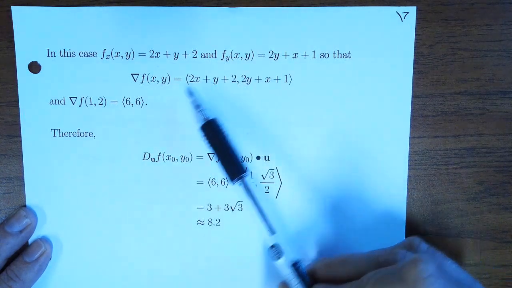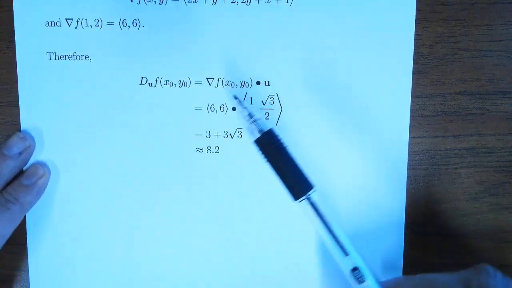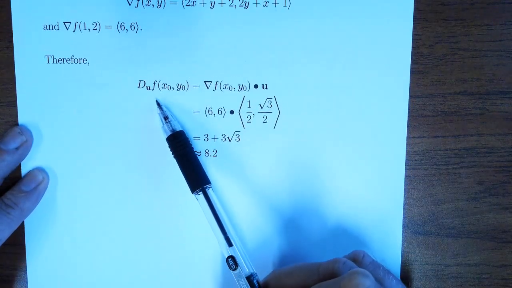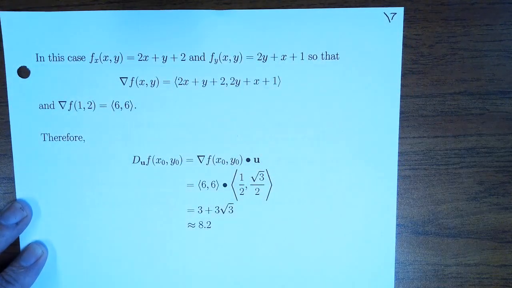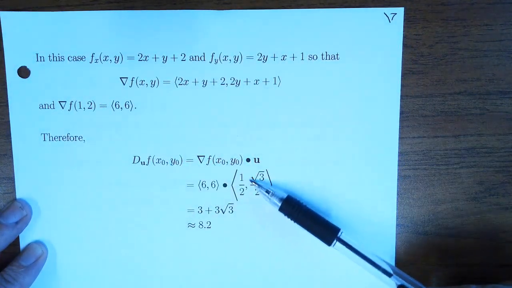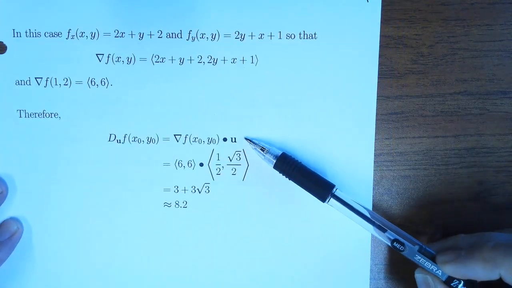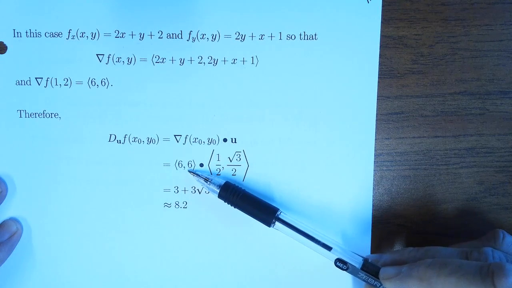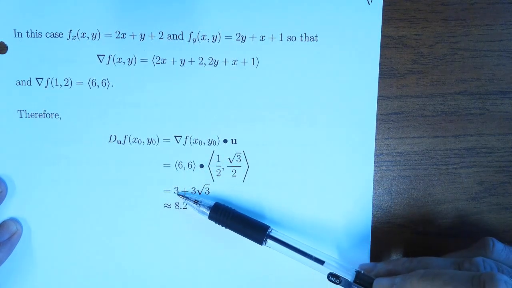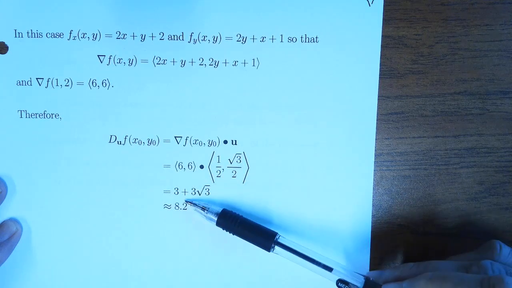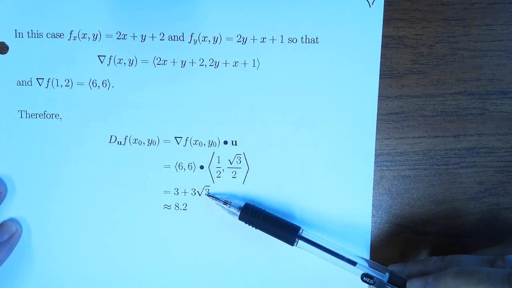So you may want to check that if I substitute 1 in for x and 2 in for y, I get 6, 6. So that means that the directional derivative of f at the point 1, 2 in the direction of this unit vector is the dot product of the vector 6, 6 with u. So here's vector 6, 6. Here's my unit vector u. If I compute that dot product, I get 6 times 1/2, which is 3, plus 6 times root 3 over 2, which is 3 root 3.